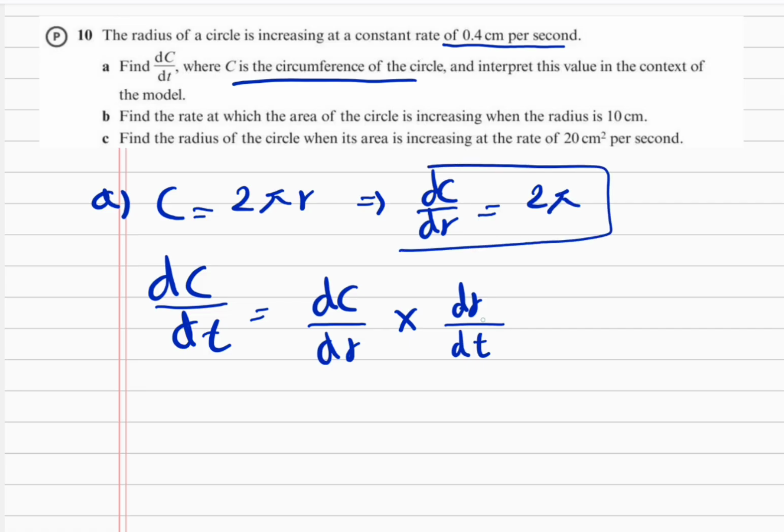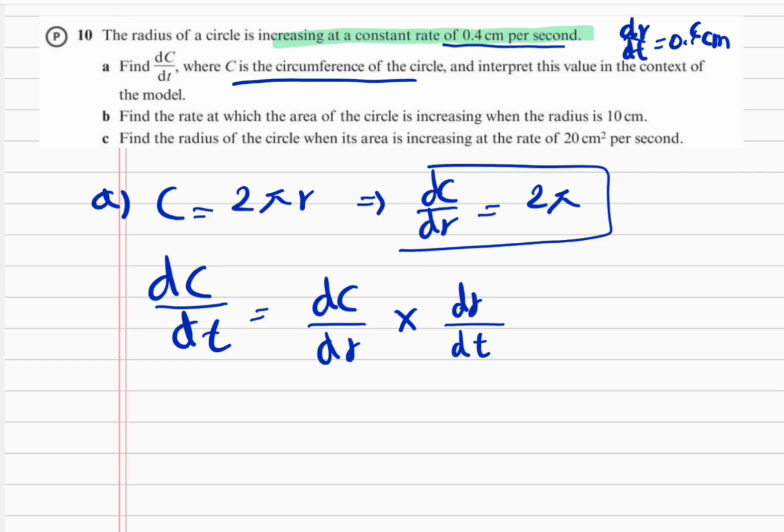Okay, now we have this. We also need to find dr/dt, and the good news is they have given us. It says the radius of the circle is increasing at a constant rate of 0.4 centimeters per second. So the rate of change of the radius with respect to time is 0.4 centimeters per second. So it's just saying that dr/dt is equal to 0.4.